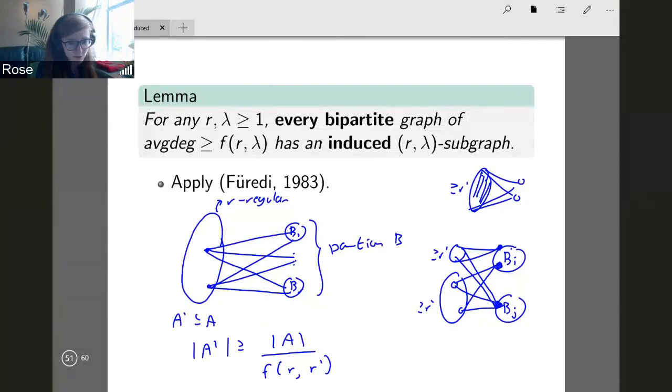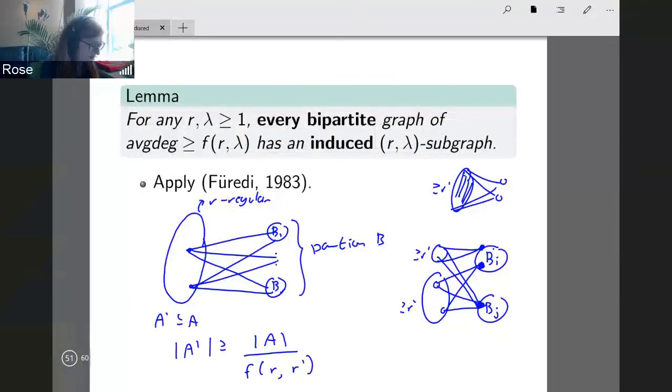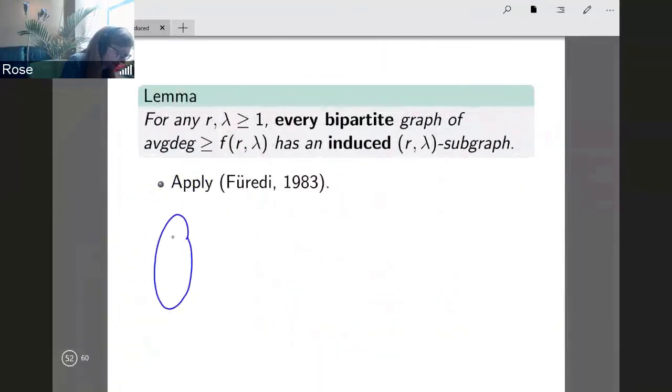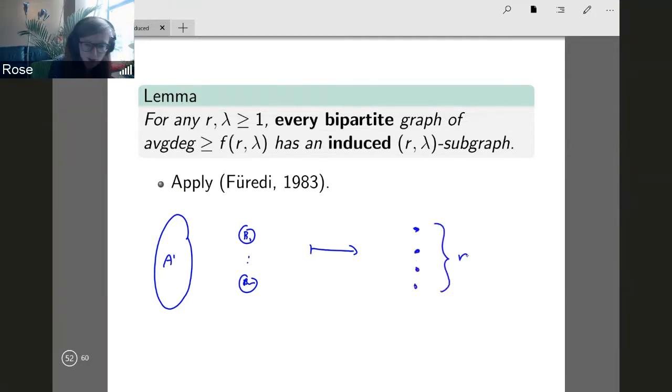Okay, so then the idea of the proof from there is we have this A prime and we have the partition of B. The idea is to make a graph on R vertices from that, where B_i and B_j are adjacent if they contribute a 4-cycle.